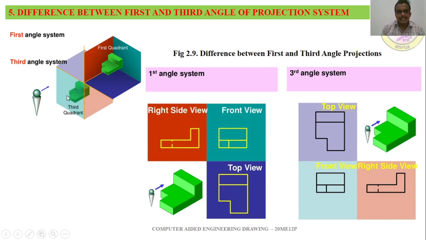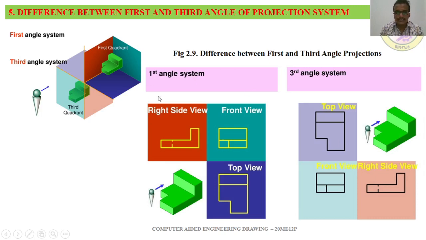In third angle projection, you can see the observer is there and the projection plane is in between the observer and the product of which we have to do the drawing. So the basic difference, I think you understood.